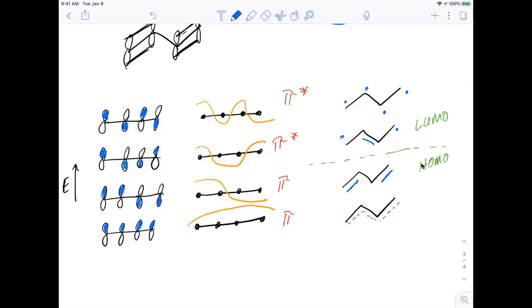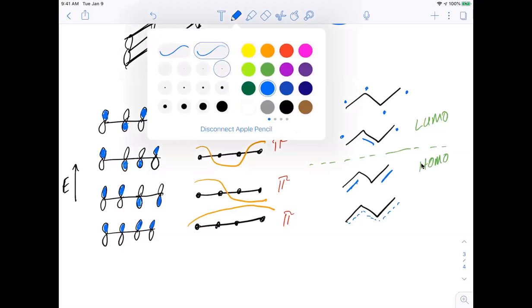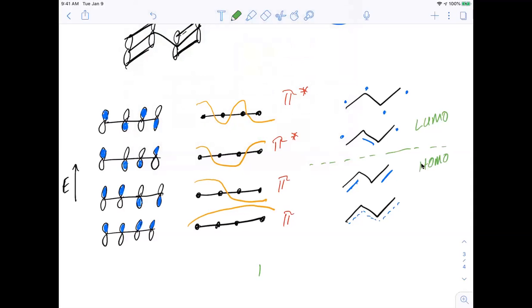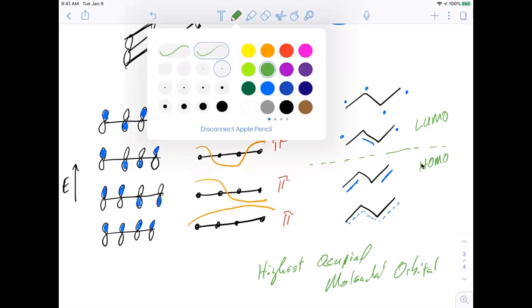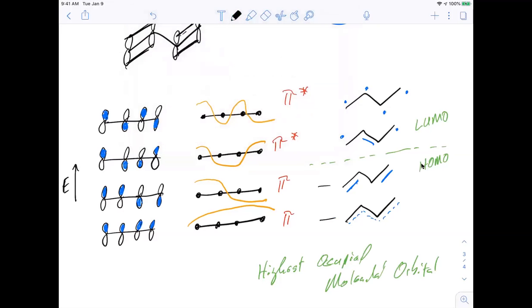Okay, I wrote two words out here, HOMO and LUMO. HOMO is highest occupied molecular orbital. That comes from the fact that if we look at our electrons here, how many electrons do we have in 4 p orbitals?